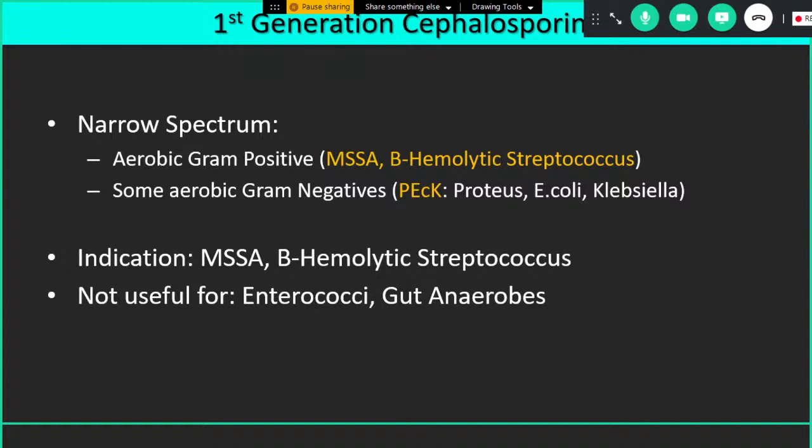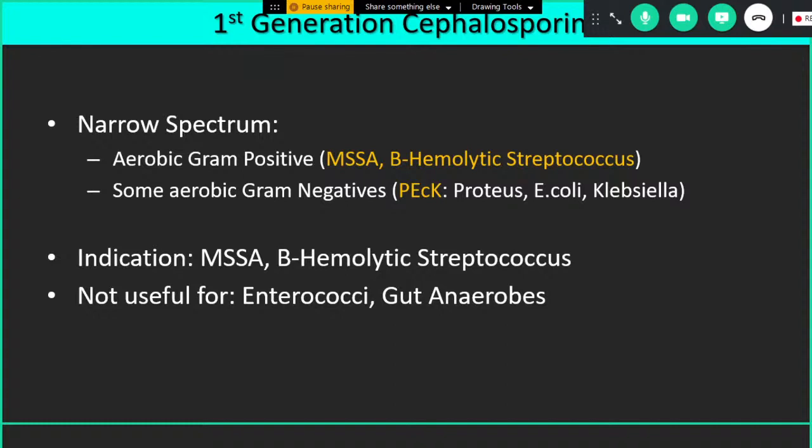So remember that mnemonic called LAME. L stands for Listeria. A stands for atypical bacteria.